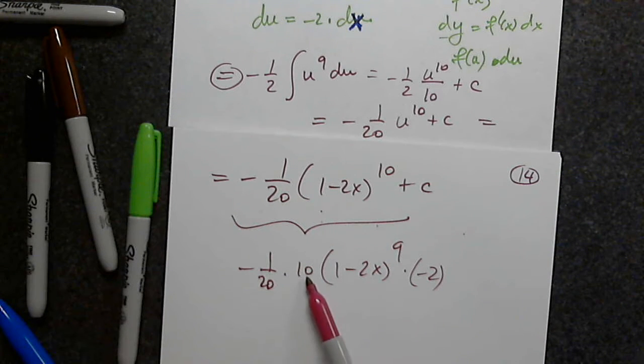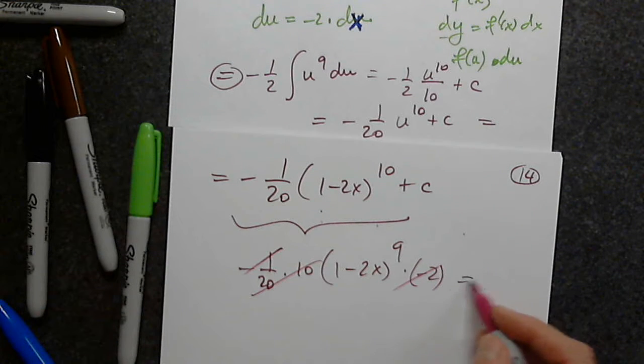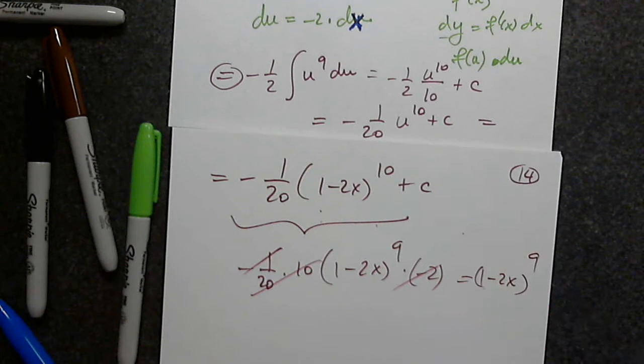Negative 2 times 10 is negative 20. These will all go away, and the answer is indeed what I started with. So this is always easy to go back and check. The result gets differentiated, and I see if I get the starting point, and we did. So the substitution rule is a powerful tool that enables us to determine these integrals.